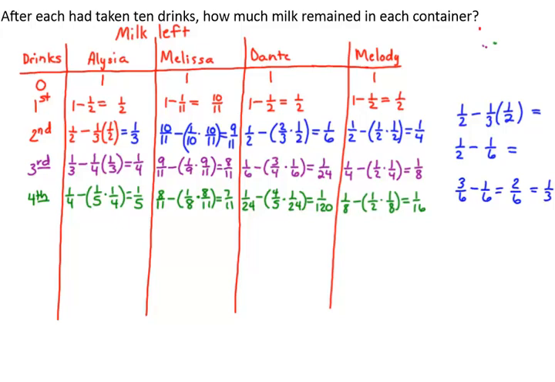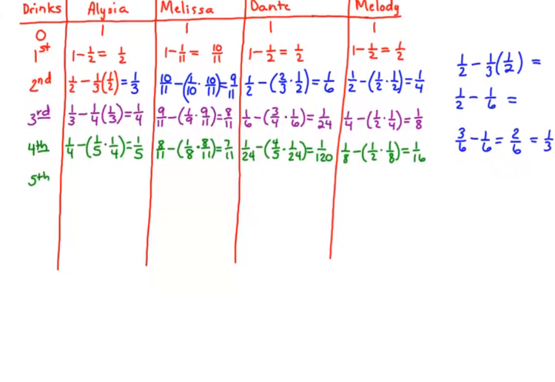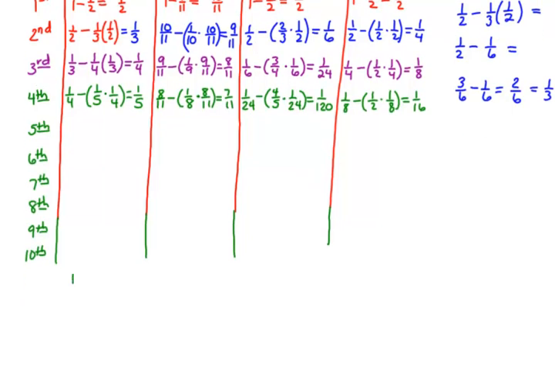Okay, now we care about going all the way to the 10th drink. So the 5th drink, 6th, 7th, 8th, 9th, and 10th. Okay, if I look, I can see a pattern for Alicia, and the pattern is adding 1 to the denominator.